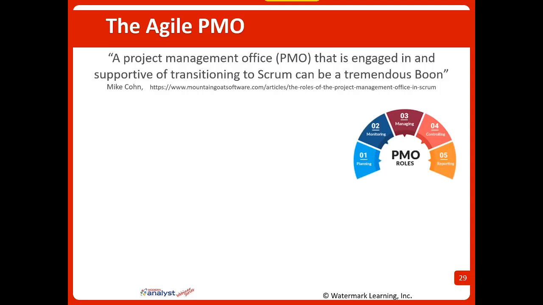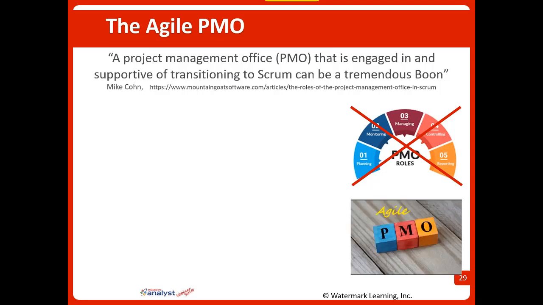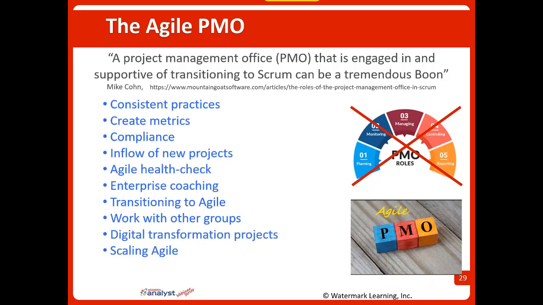The Agile PMO, of course, cannot be command and control, but the most successful PMOs and centers of excellence that I've ever worked with have been more servant leaders, understanding that they are working for the teams and working for smooth transitions for the organization.